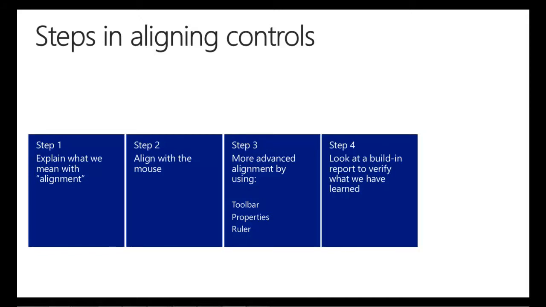So we'll use the toolbar, the properties, the ruler. And next we will look at the built-in report, a report we all know, the sales invoice, and verify what we have learned. We will look if it is properly aligned and maybe how we can easily rectify what is missing or what is not good.